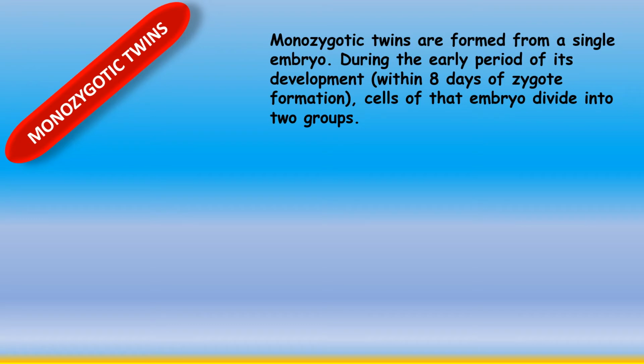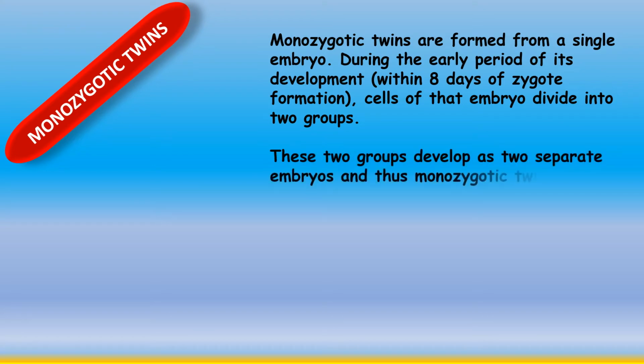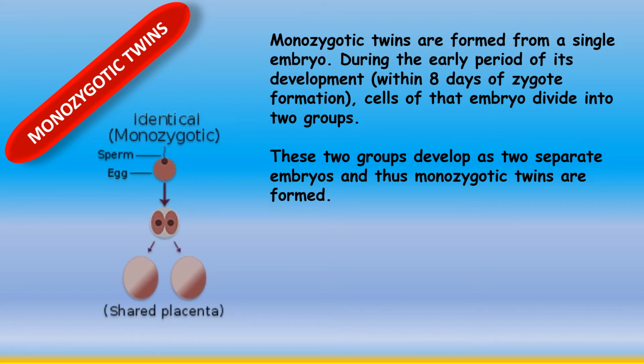Now, within 8 days, that is before 8 days, the cells of that embryo divide into two groups. These two groups develop as two separate embryos, and thus monozygotic twins are formed. So you can see here the sperm fertilizing the egg, and then within 8 days this division taking place and two separate embryos are formed.